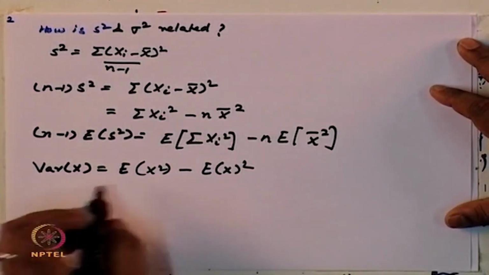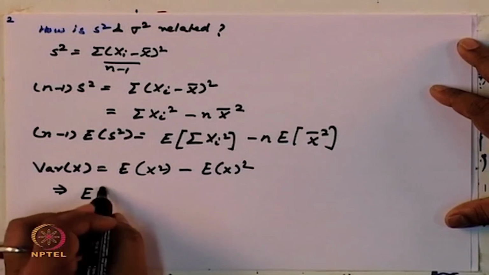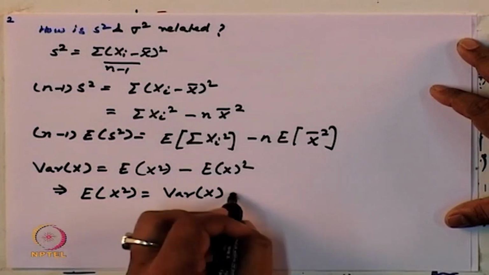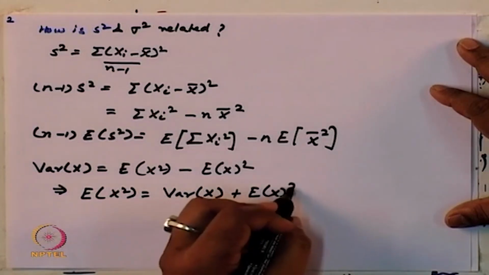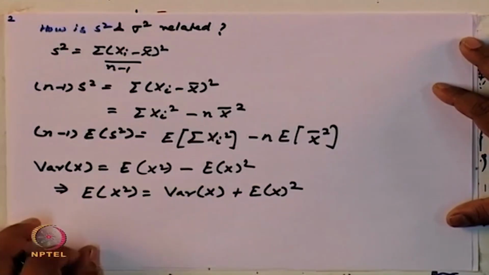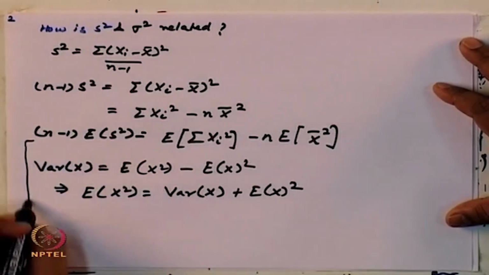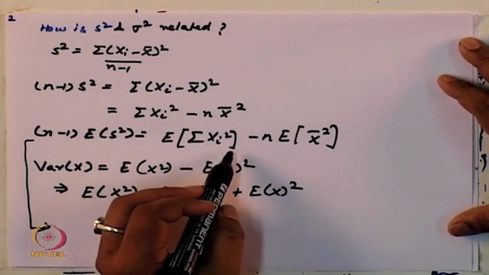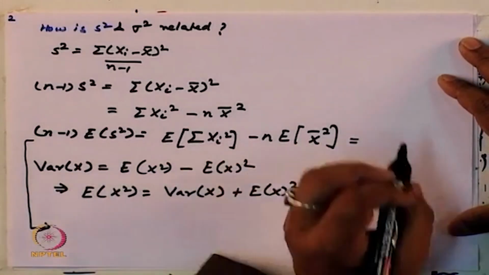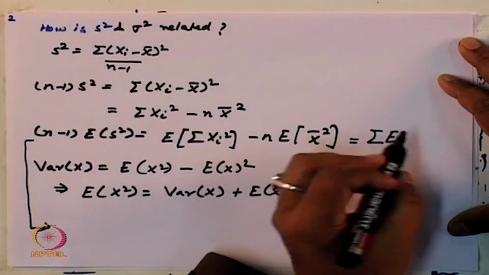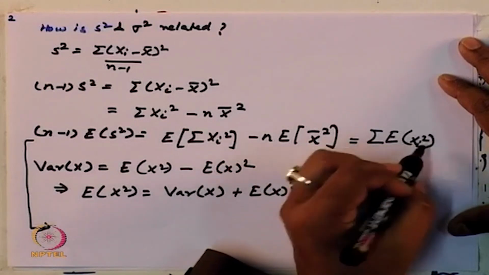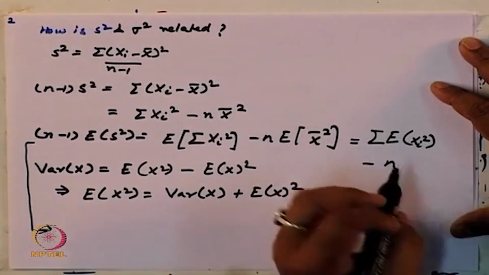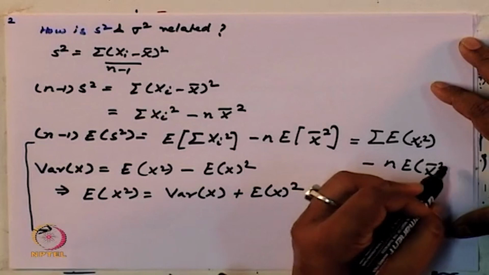So from this I can write expectation of X square equal to variance of X plus E of X whole square. Because each of these Xi's are independent, I can write this equation as summation E of Xi square minus n times E of X bar square.